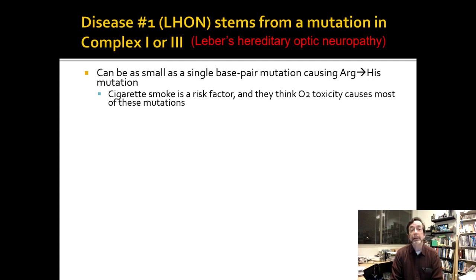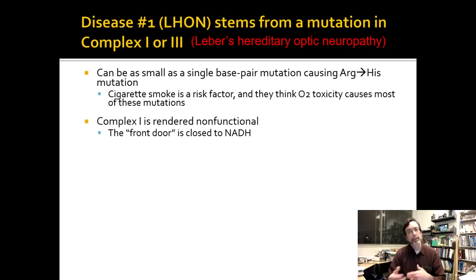And so in fact, as small as a single base pair mutation, it causes an arginine to histidine mutation, but it's the wrong arginine being changed to the wrong histidine. And there's actually a risk factor of cigarette smoke causing this. It's possible that oxygen toxicity might actually cause some of these mutations. They are definitely somehow connected to redox and to just the general damage that mutations can do.